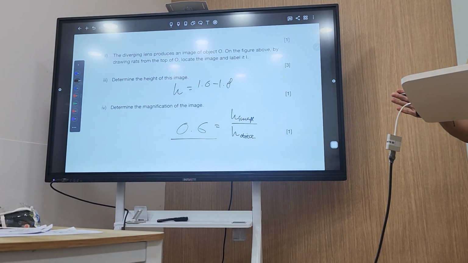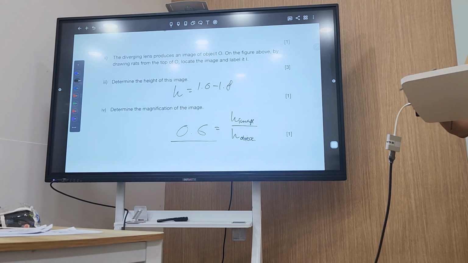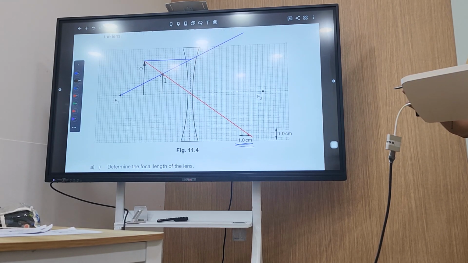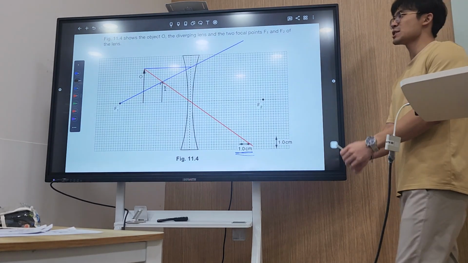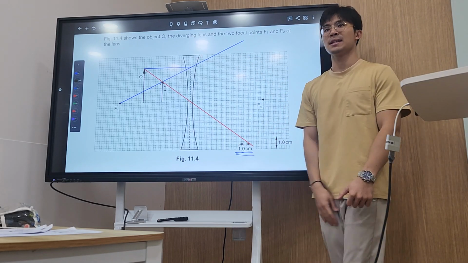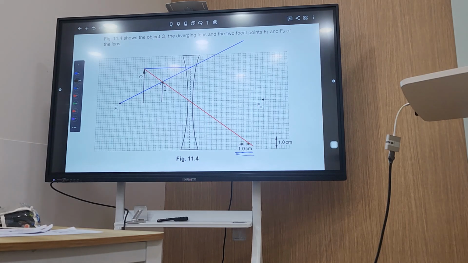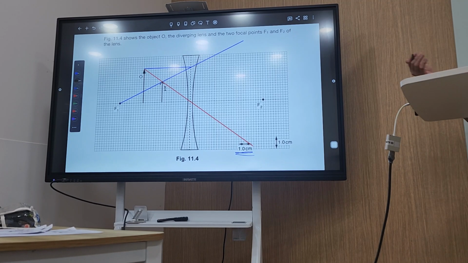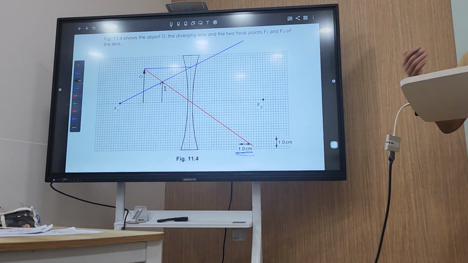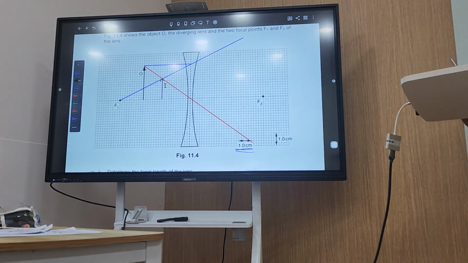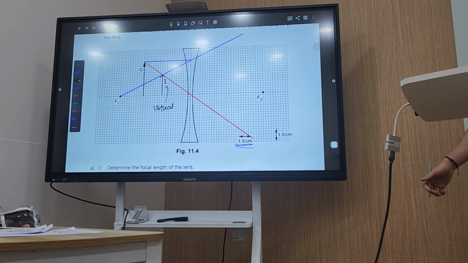We're not done yet, don't forget. Can somebody tell me, if my image falls on the left side of my lens, what property does it have? Virtual is the term we are going to use. This one is virtual, not fake, not unreal.